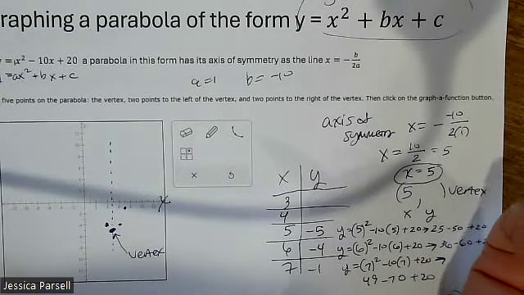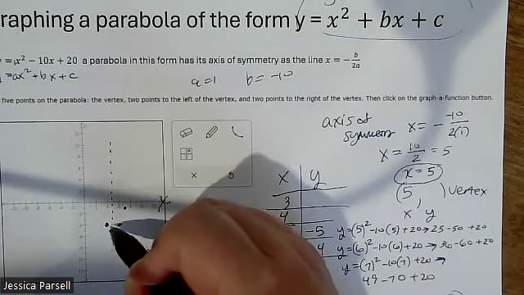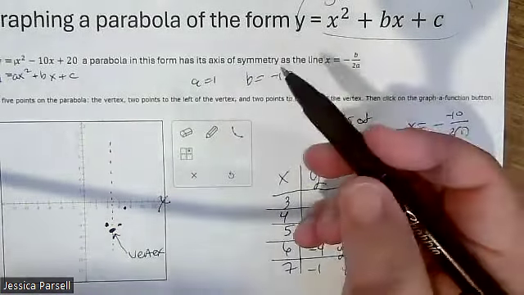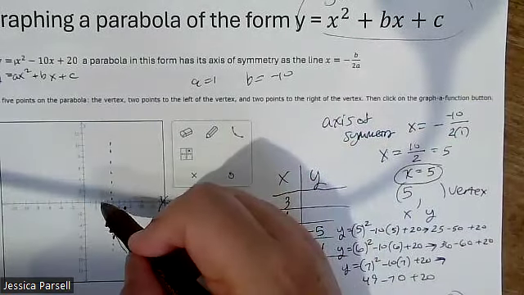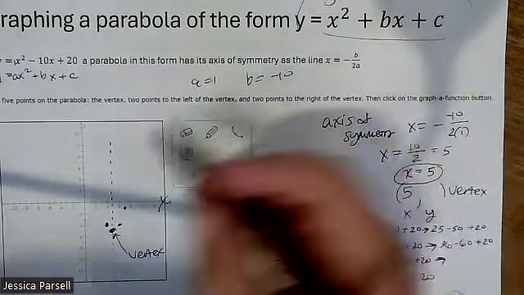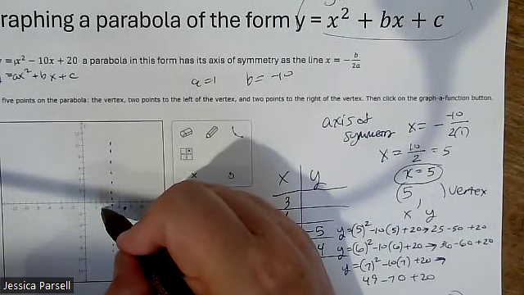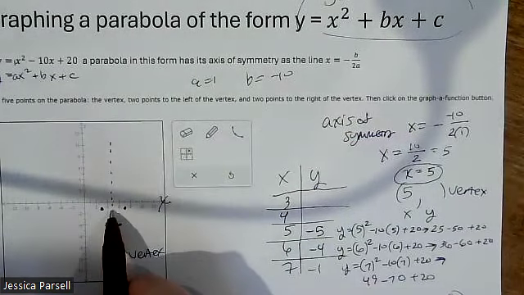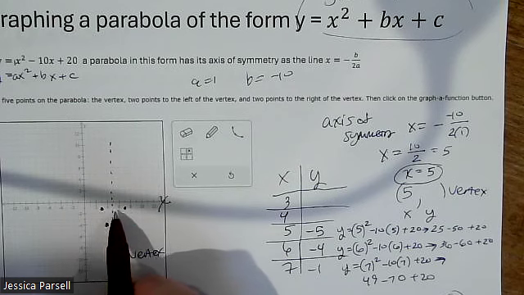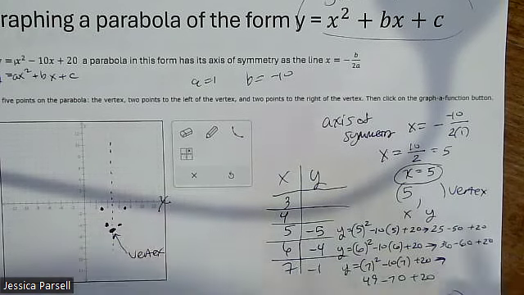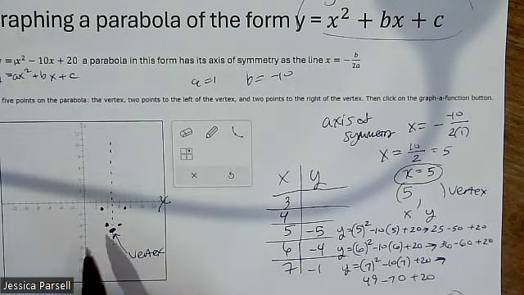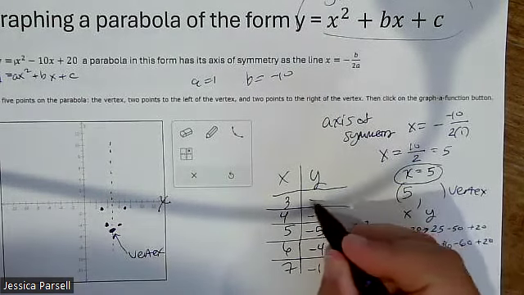That means those are like mirror images of each other. And then if we go to 3, we should be able to drop down to negative 1. That makes that point the exact same distance, basically 2 bunny hops to the right, and then we're going to go 2 bunny hops to the left. So that's a negative 4, and that's a negative 1.